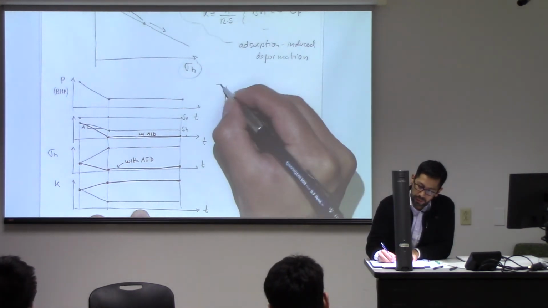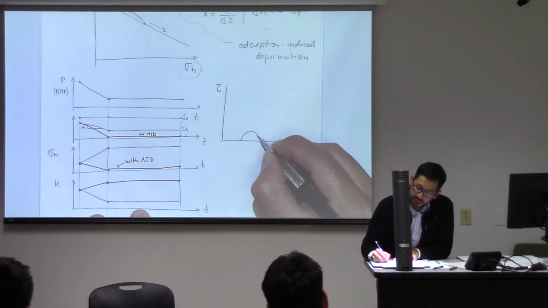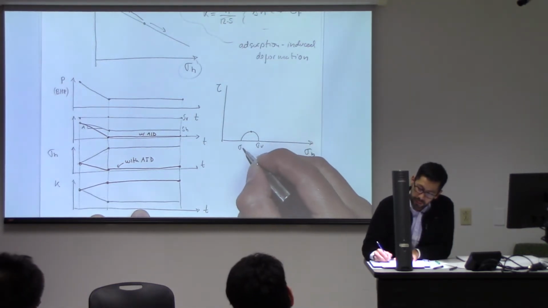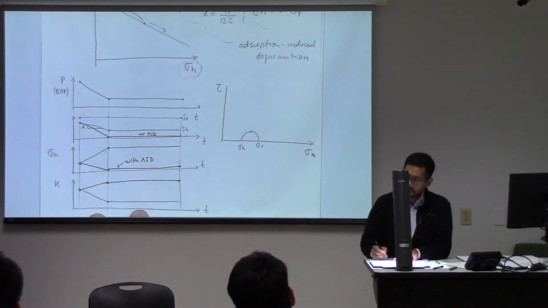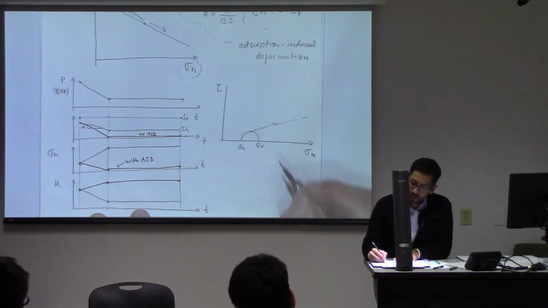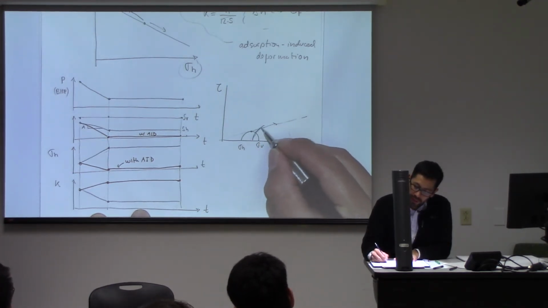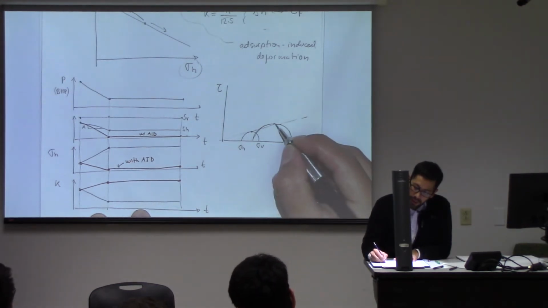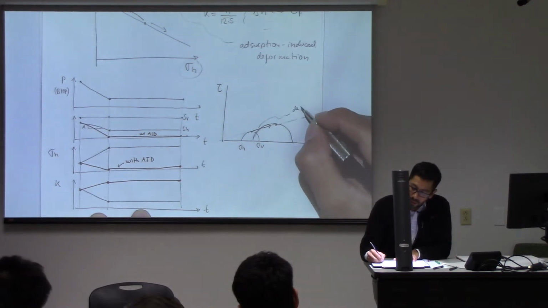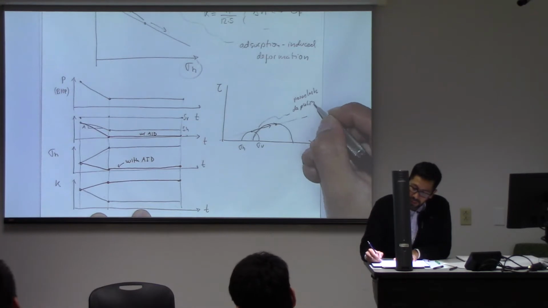If this is the Mohr circle, and as we have seen before, if we start with the condition in which this is sigma V and this is sigma H, we said that a depletion path would move this Mohr circle towards the right according to this poroelastic depletion path.